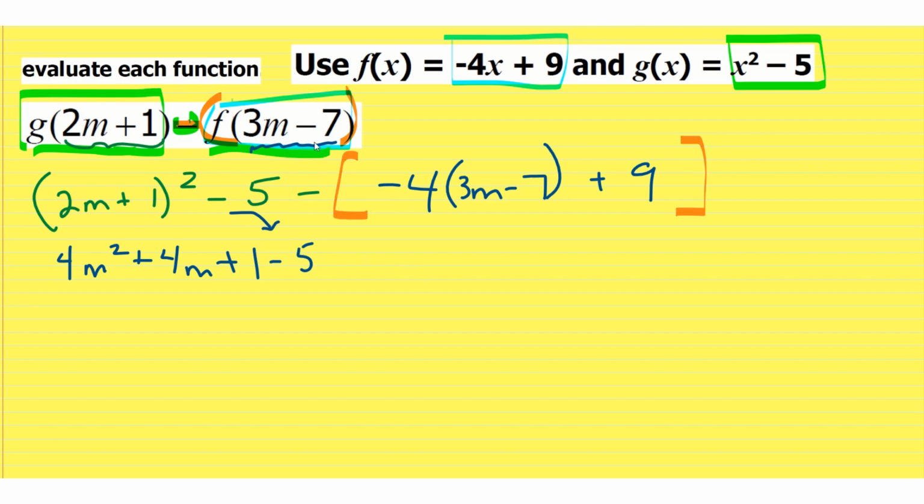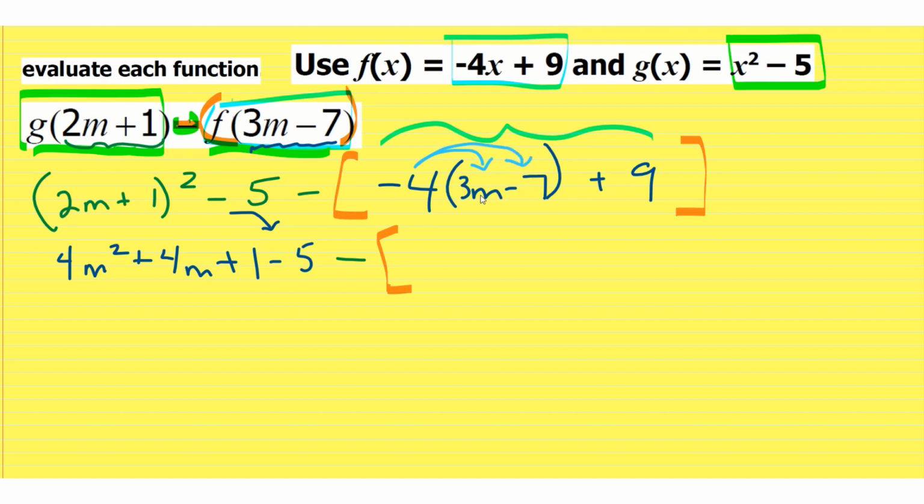Okay, and then I've got my subtraction sign right there, so that is still on the outside of the brackets. But I'm going to work now on simplifying what's inside this bracket first before I eliminate those brackets. So my brackets are still there, and I will go ahead and distribute this negative 4 into the parentheses.